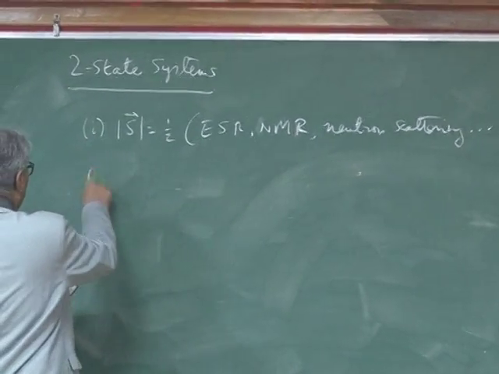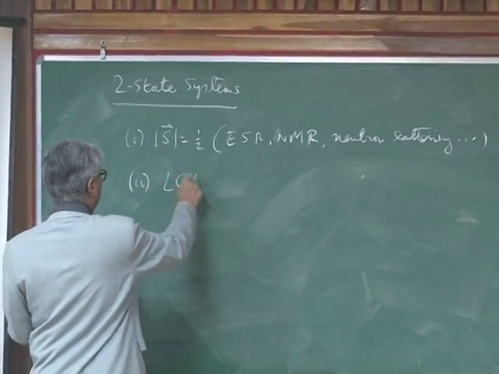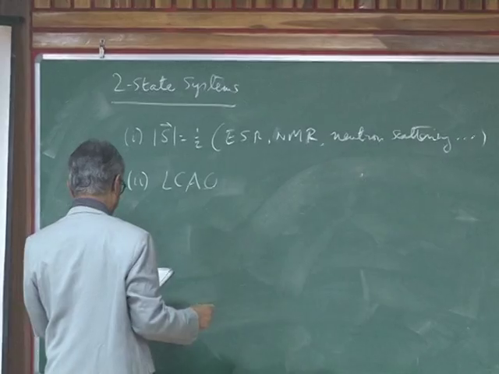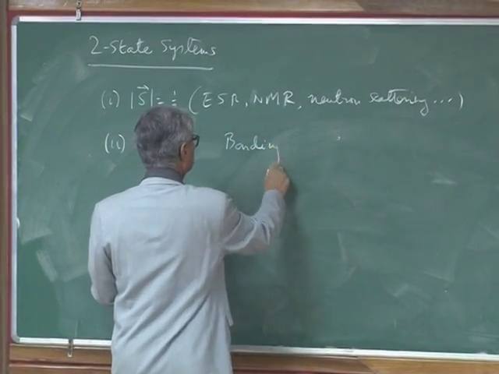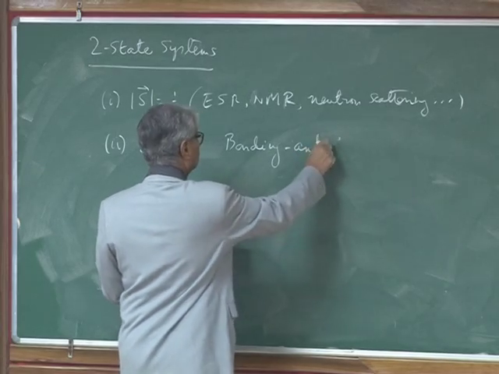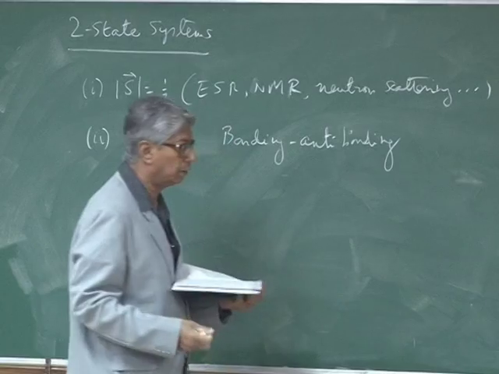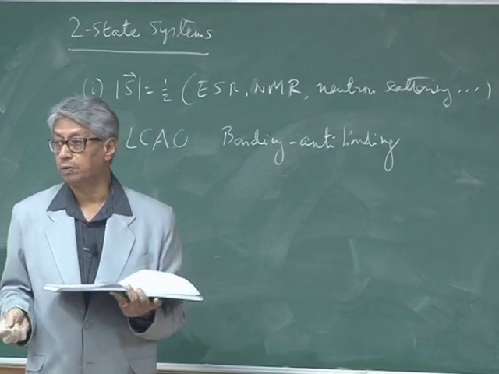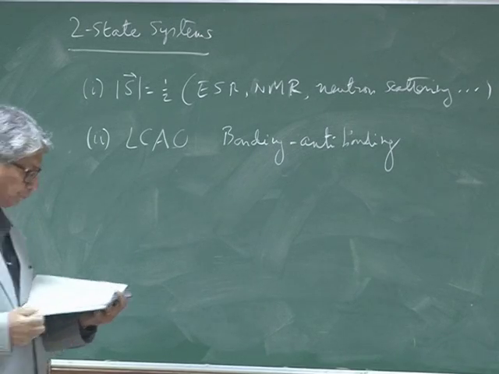Then we saw already that when we do a linear combination of atomic orbitals, you have bonding and anti-bonding states. So this is the basis of Pauling's work on the nature of the chemical bond.